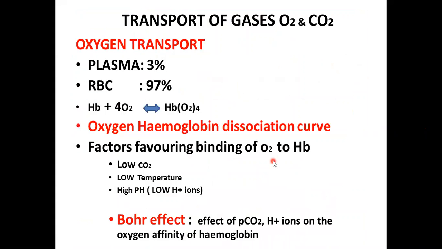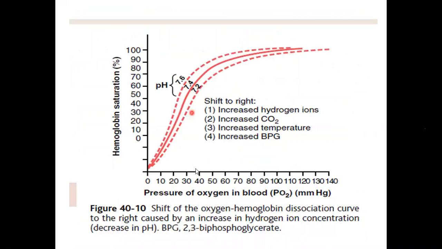So we can say at 40 mm of Hg, almost only 70% of the oxygen is saturated. That means at tissues, around 22% of the oxygen will be given to the tissues.